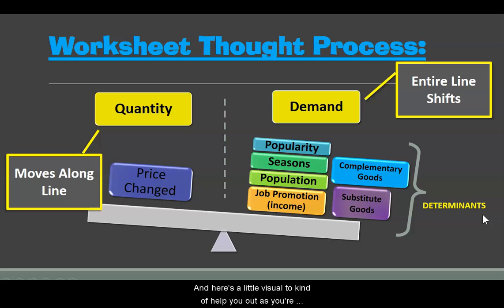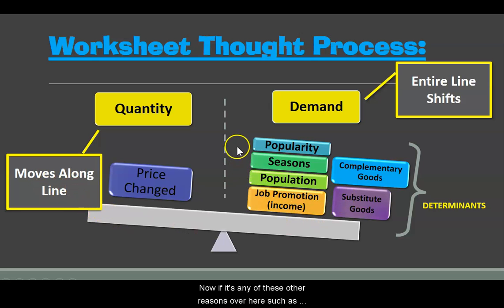And here's a little visual to kind of help you out as you're doing the assignment. So your thought process here, the whole thing is trying to decide, is it change in demand or a change in the quantity demanded? So if your reason is price changed, then your answer is quantity. That means it moves along the line of the demand curve.